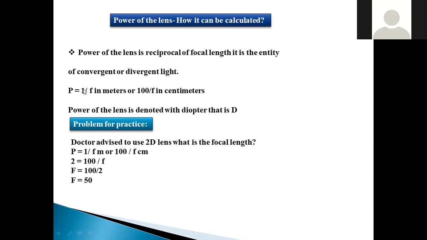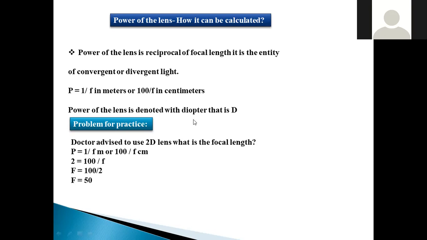The power of a convergent or divergent lens is always the reciprocal of the focal length, and it is denoted by P equals 1 by F in meters, otherwise 100 by F if measured in centimeters. Power of the lens is denoted with the term D. D denotes diopter. By using this, we can choose the selective lens which is suitable for what kind of defect.